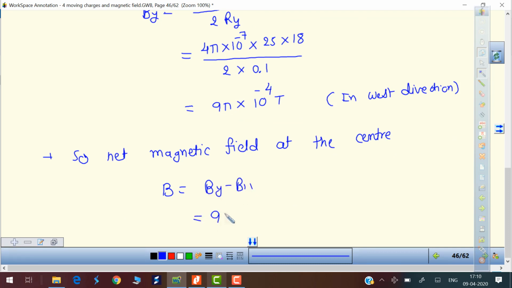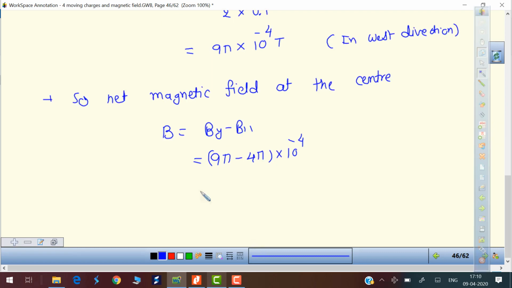So 9 pi minus 4 pi, I take common 10 raised to minus 4. So this is 5 pi into 10 raised to minus 4 Tesla. This is positive, and this is west side, this is east side, so finally it is in the west direction.